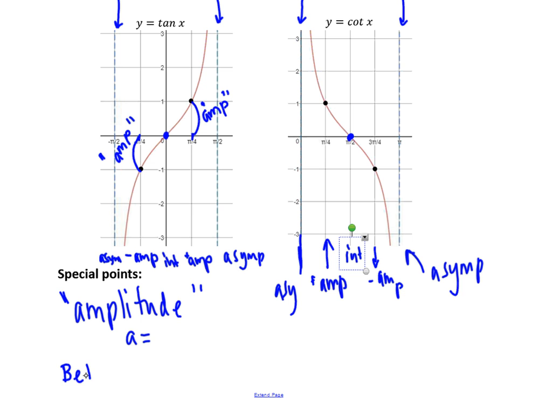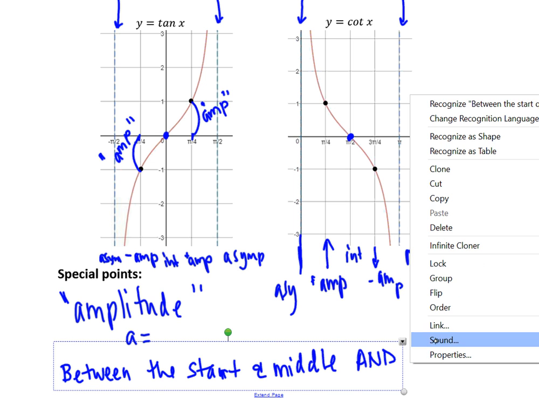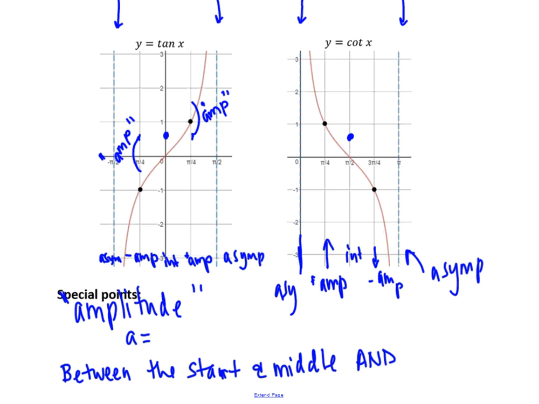And then the other point is between the start and middle, and between the middle and end. This thing's really tripping out on me today. Between the middle and the end.